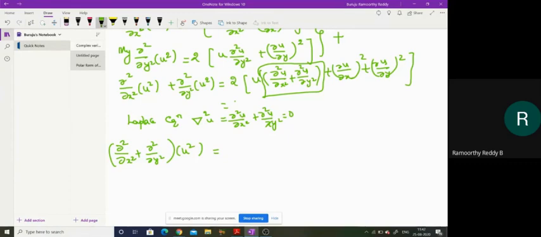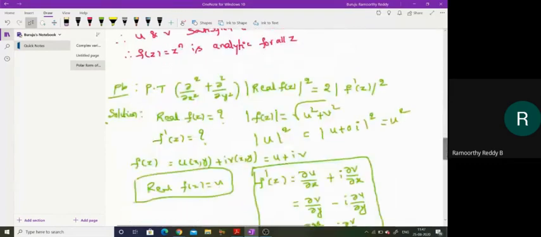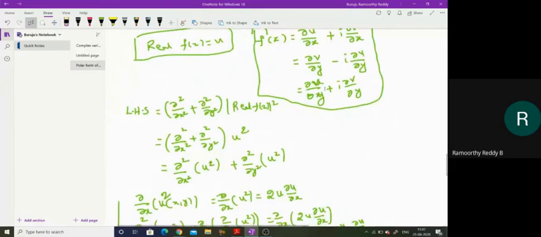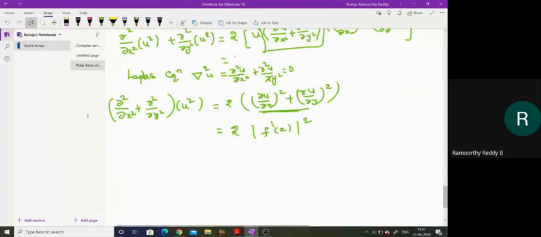If this is 0, then what you get is 2 times [(∂u/∂x)² + (∂u/∂y)²]. Here our f'(z) is ∂u/∂x + i ∂v/∂x. So ∂²/∂x² + ∂²/∂y² of u² is, u is nothing but the real part of f(z), with modulus square. So this is our important problem.